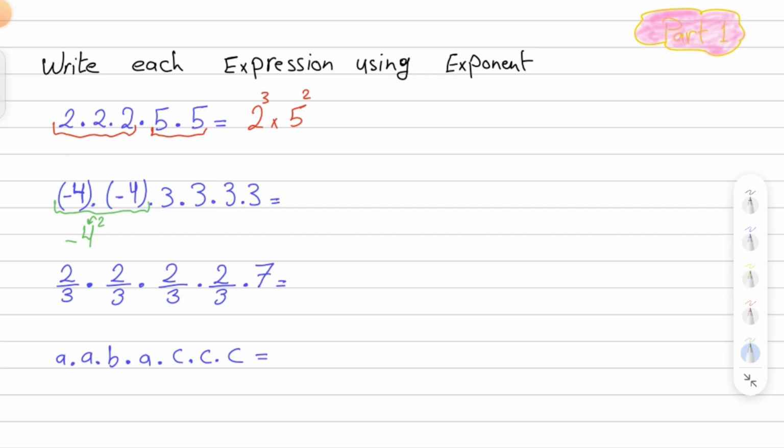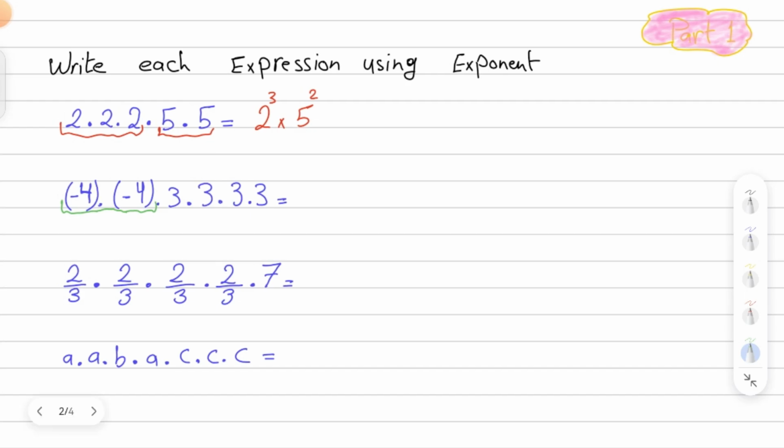But I want the exponent for all of it, for the negative 4. So we have to put parentheses, so the exponent will be for both the negative and the 4. So when we write this in exponent form, we're going to write negative 4 in parentheses, squared.